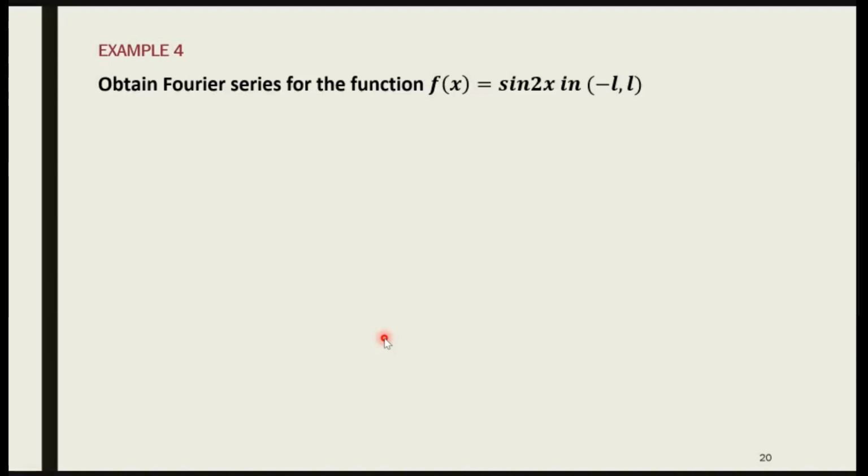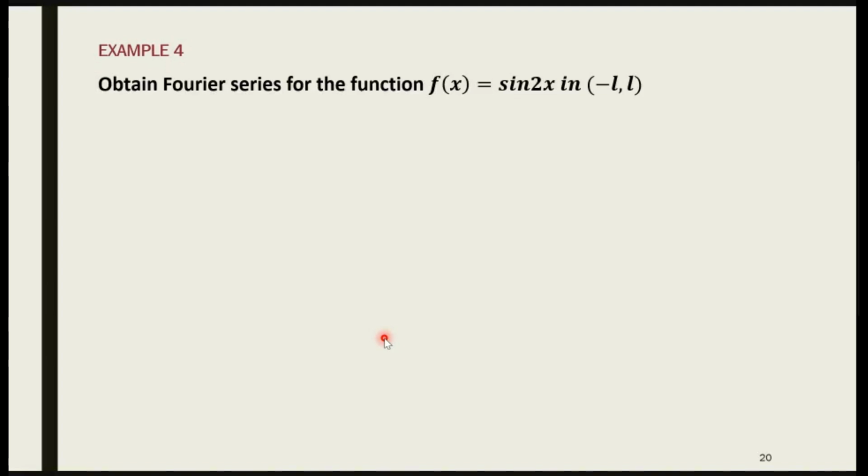Fourier series देखना है, interval देखना है, and then if it is minus l to plus l, check for even and odd. minus pi to plus pi है या minus l to plus l है, तो हमको चेक करना है कि फंक्शन इवन है या ऑड है. Now here the function is defined in minus L to plus L, which means we can check for even and odd. So sine 2x, all of us know sine function is an odd function.